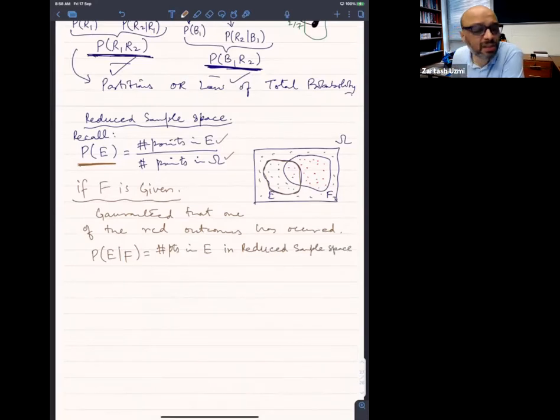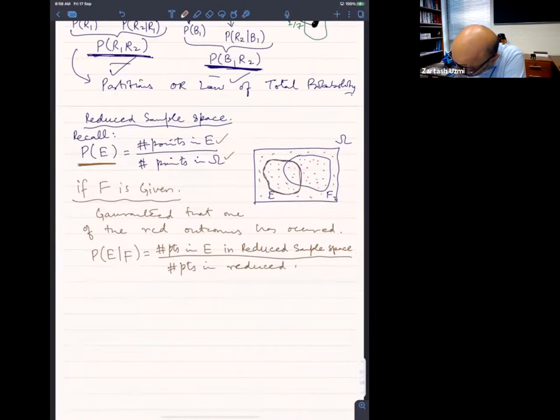It is just these red guys. The others are now out of bounds: neither the green ones nor the brown ones can occur. Only those inside F are in play, divided by the number of points in the reduced sample space. So this is the number of points in E intersection F divided by the number of points in F.